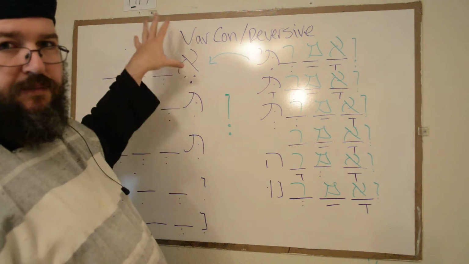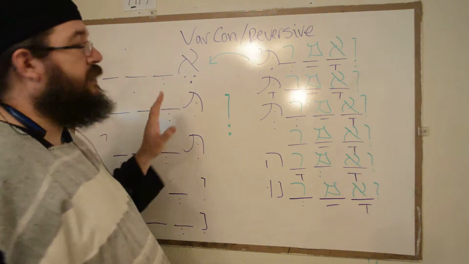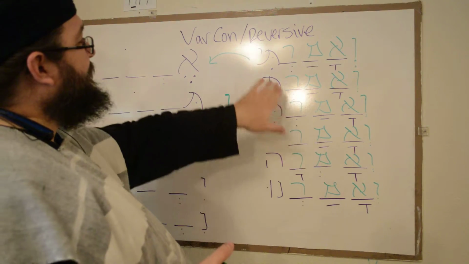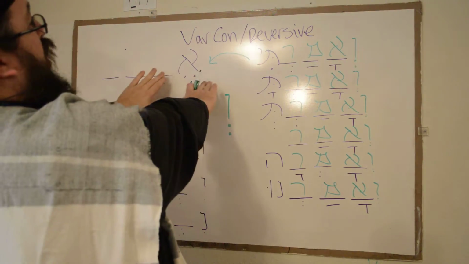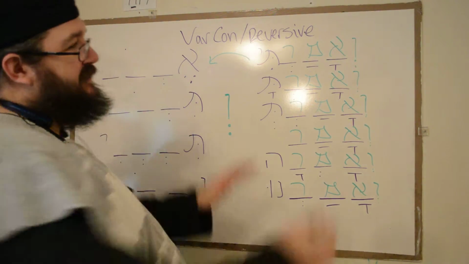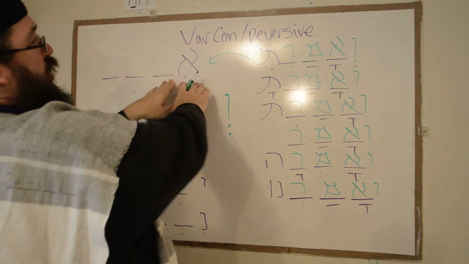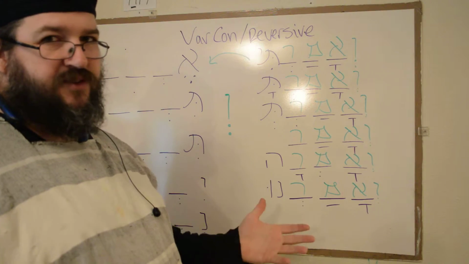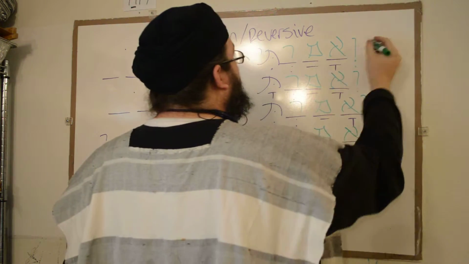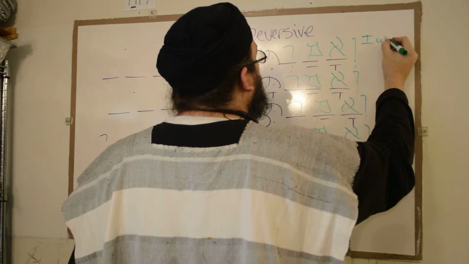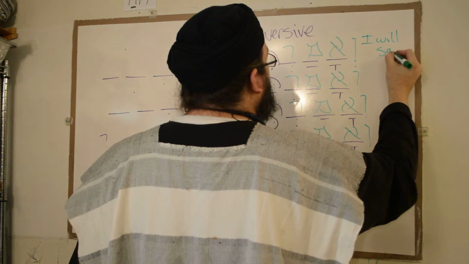It's a different verb pattern, and I want to use a different verb over here. But we have to know that we're taking the past and making it the future, right? So, going past to the future. Okay? It's really cool, okay? So I don't say, I said, I say, I will say.